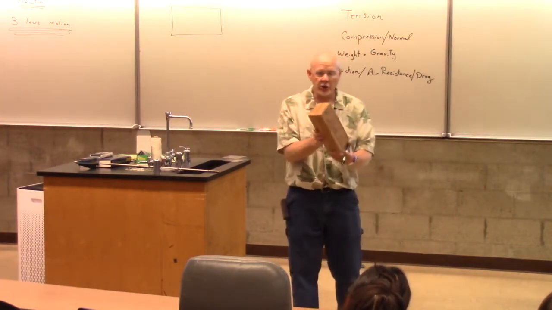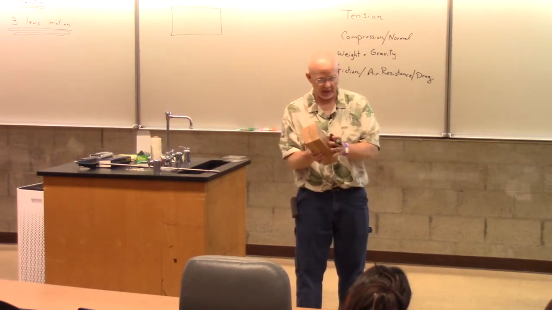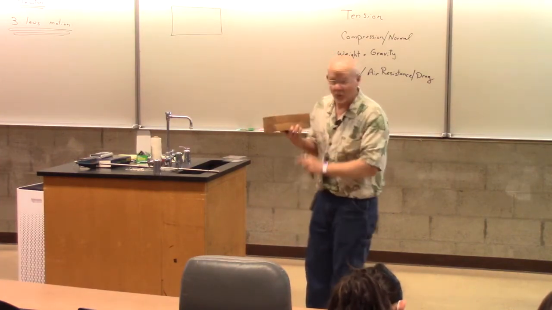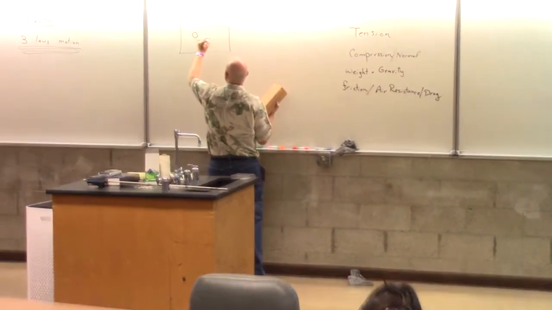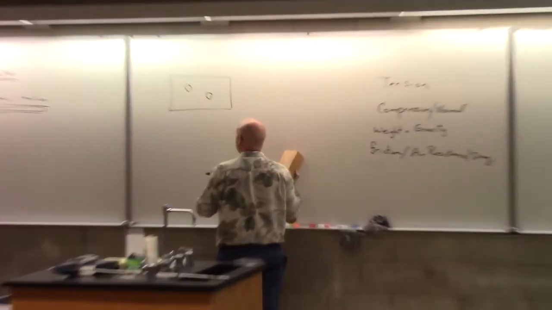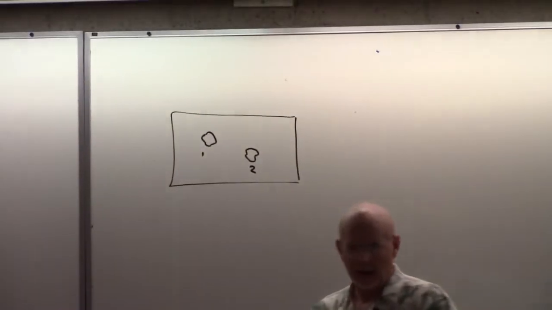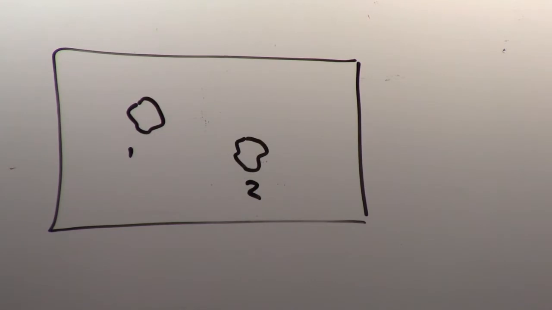And so I need to look at these forces, but I'm going to say it has only external ones. In other words, if you looked at the molecules that were in this piece of wood, maybe there is one atom here and another atom here, and maybe atom 1 pulls on atom 2, and atom 2 then does something to atom 3, but it also maybe pulls back on atom 1. None of that's important about the motion of this.